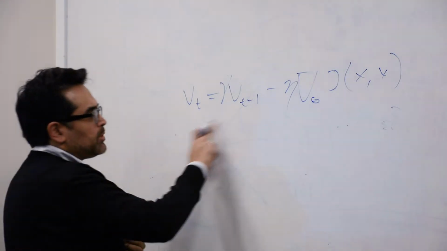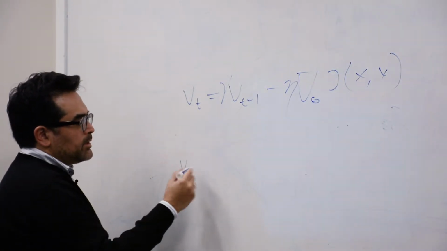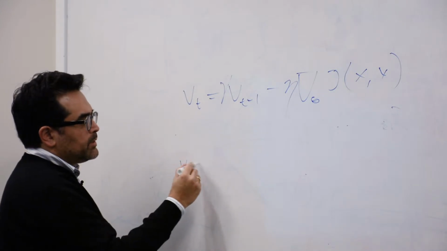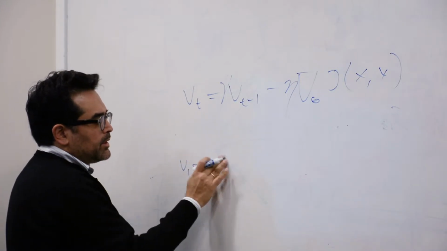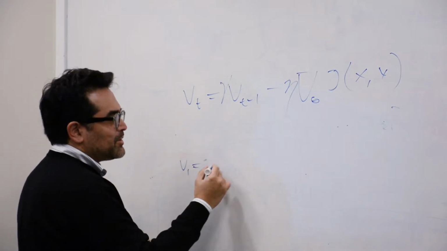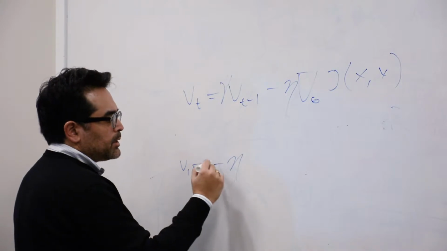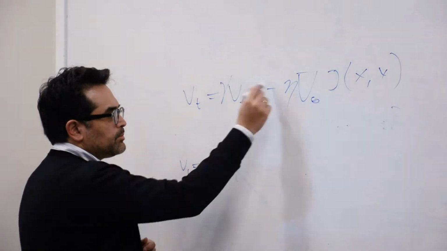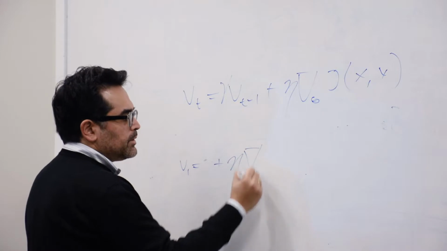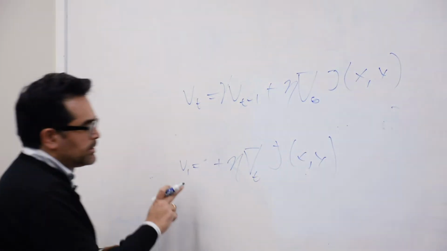So when you plug it in, for example, suppose you start with v1, and v0 is equal to 0. So v1 is simply minus eta, actually, it's plus eta gradient of theta J xy. So that's your v1.